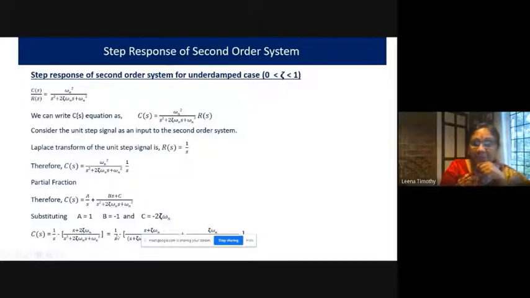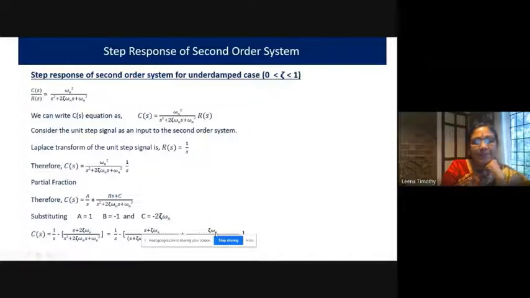Our aim is to find C of t. So we are going to make it in a standard form in order to take the inverse Laplace transform. So 1 by S minus, split this: theta omega n, S plus theta omega n divided by S plus theta omega n, S plus omega n.